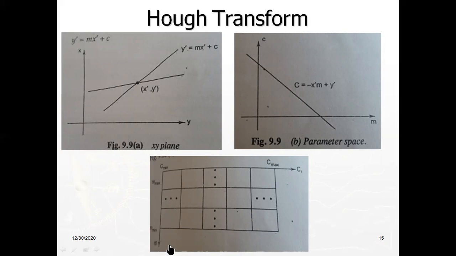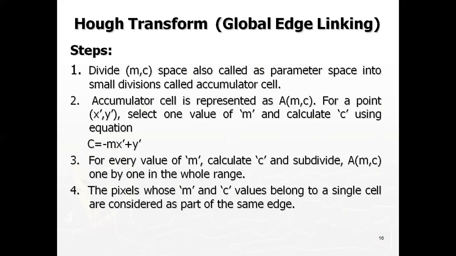This is the M and C parameter space. We divide this space into small divisions known as accumulator cells. The accumulator cell is represented as A of m comma c.